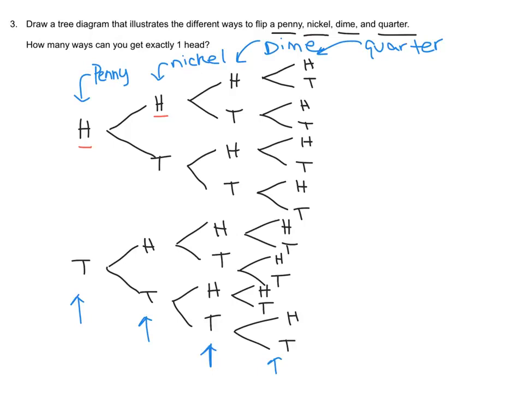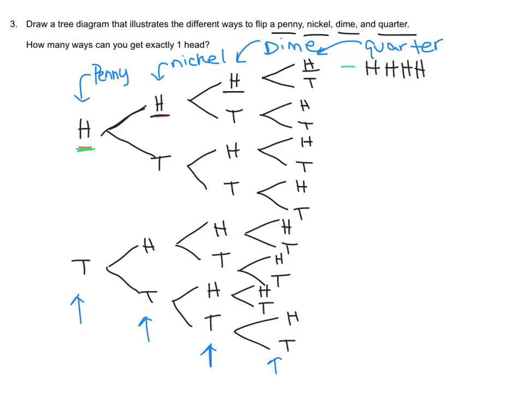So you start at the branch representing the penny. If I had a head, and then I follow this branch, then I would get another head for the nickel. And then I could get another head for the dime and another head for the quarter.